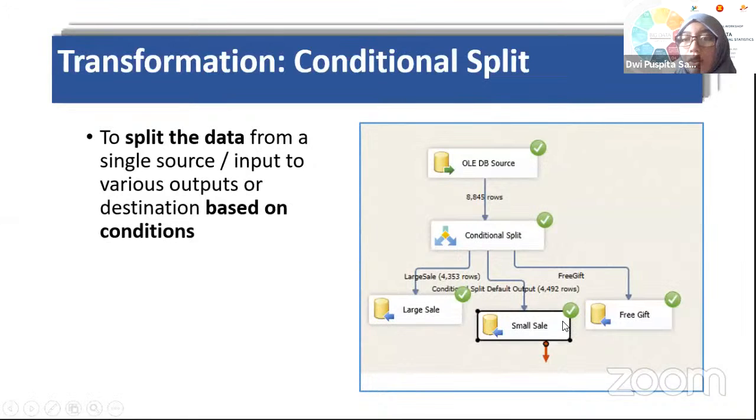Or if it's sold for free, then it is a free gift. You can categorize your data like that. That's the use for conditional split. Basically, you split the data based on a condition that you define. Okay, that's conditional split.